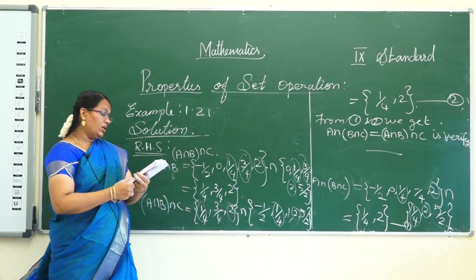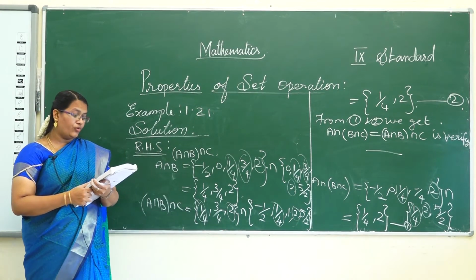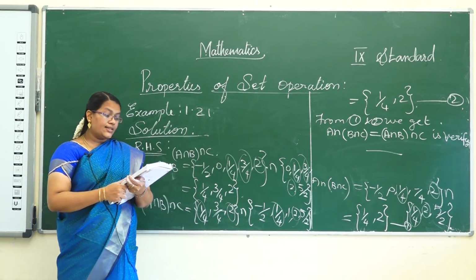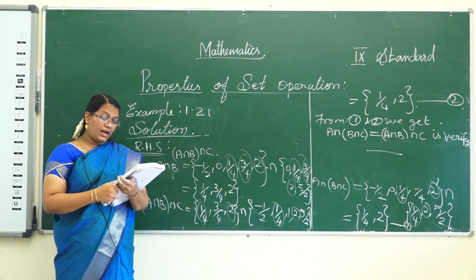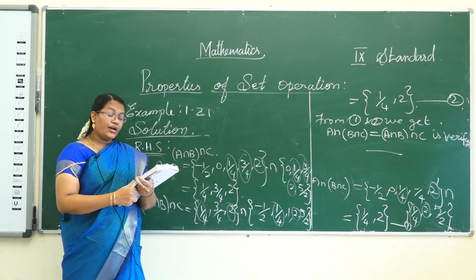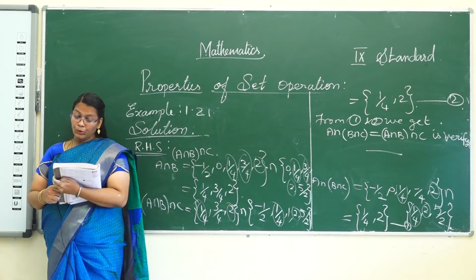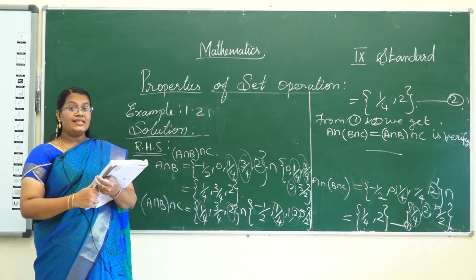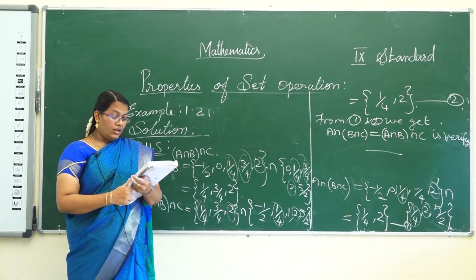Now see example 1.21. If A is equal to the set of all the elements 0, 2, 4, 6, 8 and B is {x such that x is a prime number and x is less than 11}. Already you know that prime numbers start from 2, 3, 5, 7, 11. Okay.